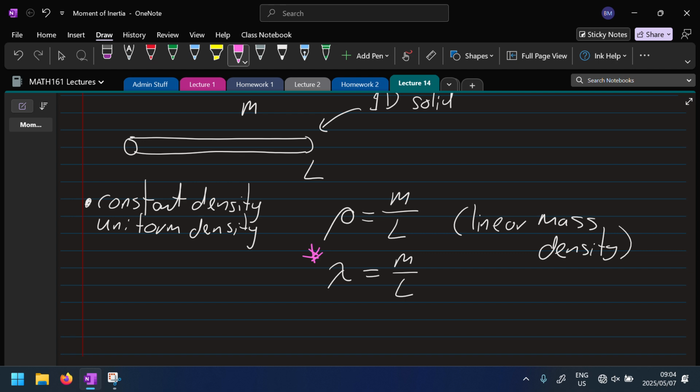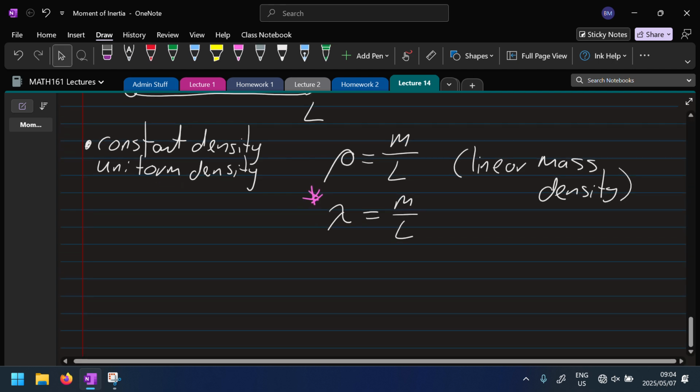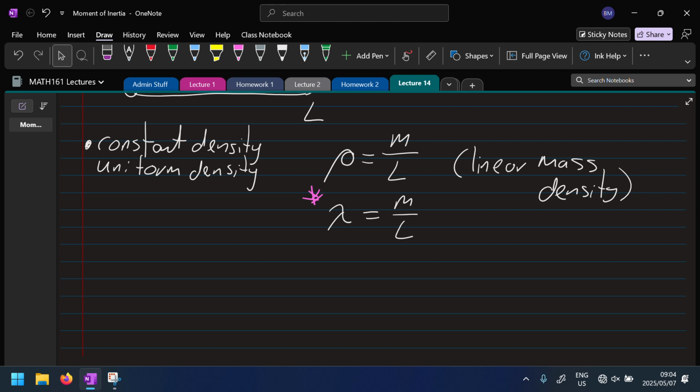But for these specific cases, you will see different symbols used. In 3D, you'll see rho, in 1D, lambda, and in 2D, sigma. But that's just notation. It means exactly the same thing. So for constant density, constant mass, constant length, you just take the quotient, you get lambda.